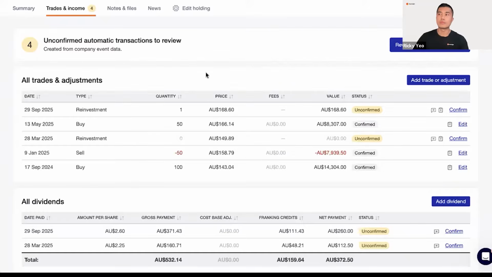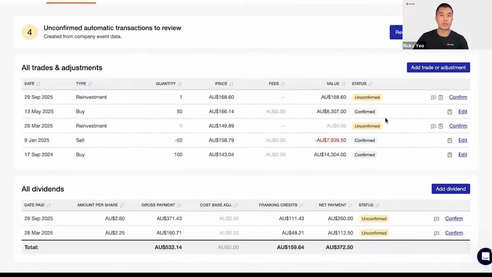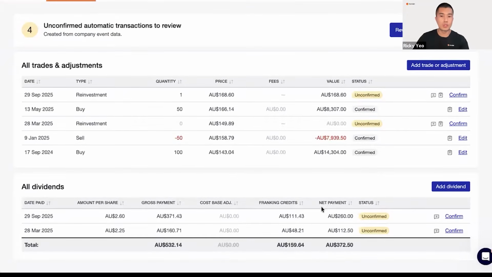Now, once you've done that, you obviously have to make sure the dividends that Sharesight populates are accurate as well. I would say most of the time, 99.9% of the time, they will be correct in terms of unfranked amount, franked amount, or franking credits. So those calculations will be accurate. If you own ETFs, I'll come back to that later because ETFs are a bit more complex with a lot of components going on.